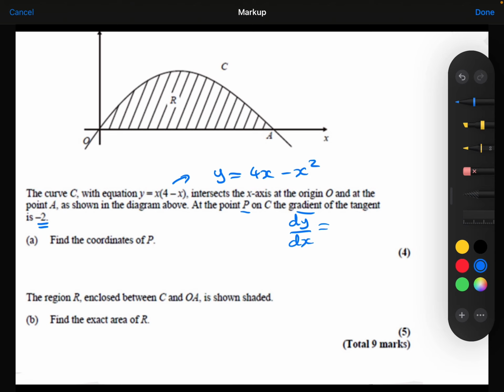That now looks easier for me to differentiate. The 4x is going to differentiate to be 4, the minus x squared is going to differentiate to be minus 2x. So this is my gradient function. And I'm trying to find when does that equal minus 2. So let's put that equal to minus 2 and solve it.